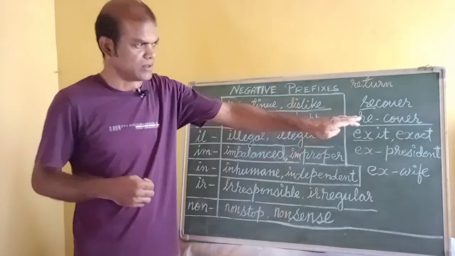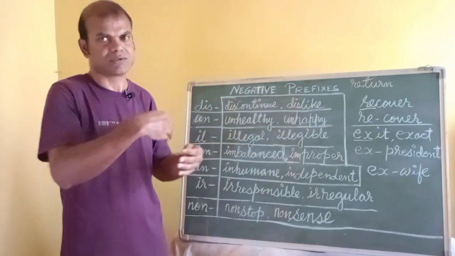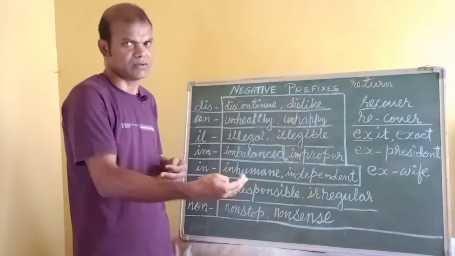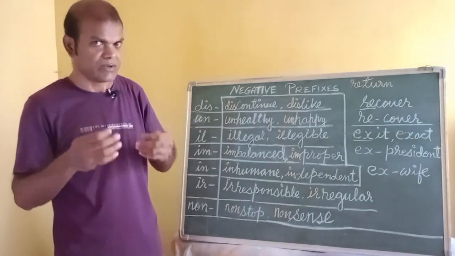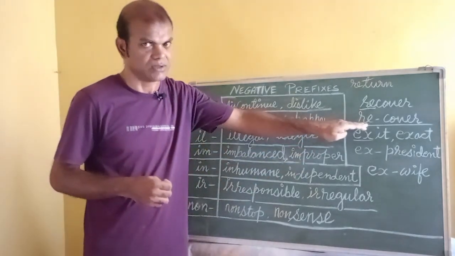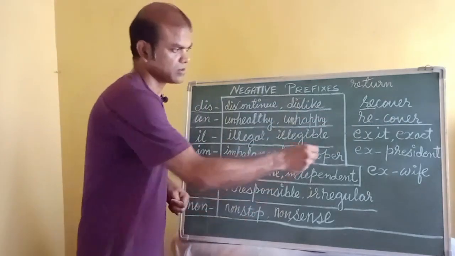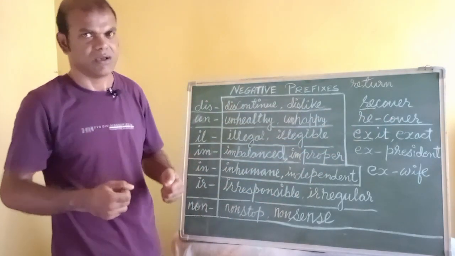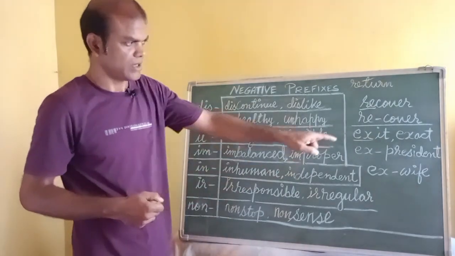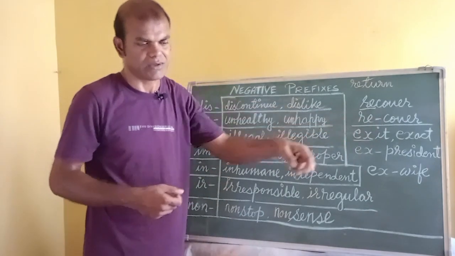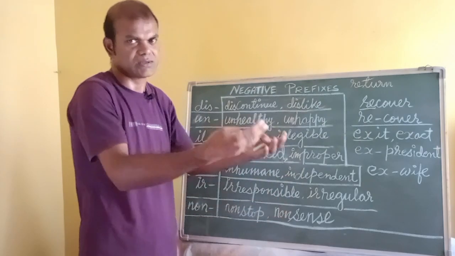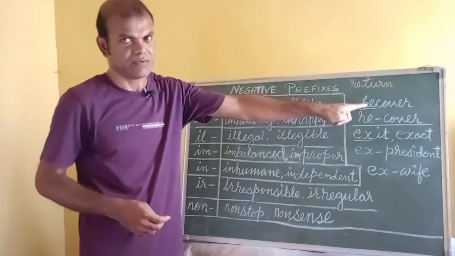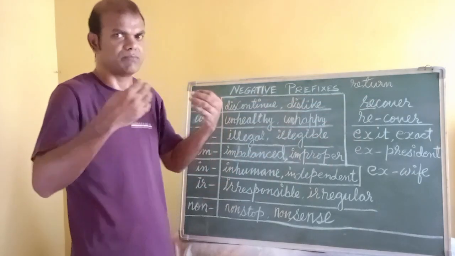This re-cover means to cover something, you uncovered something, now you have to cover it back, that is different. When we are using this re-cover, we should give one hyphen. The small line is known as hyphen in English. This word means to cover something again. You opened it, now you have to cover it back. This recover without the hyphen is to get better.